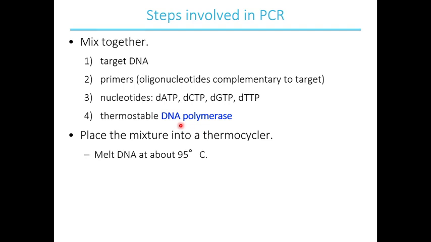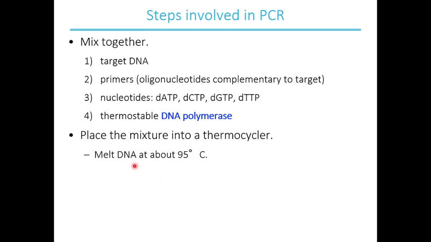PCR involves 3 steps. In the first step, all these components are placed into a thermocycler. This is an instrument that has the capacity to heat the samples and cool them.